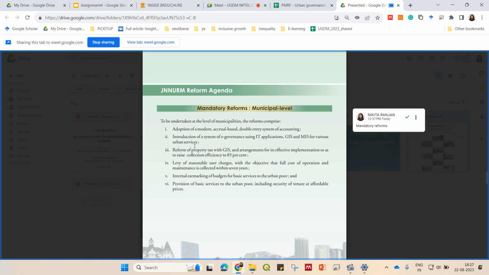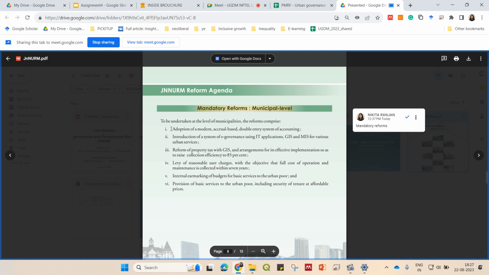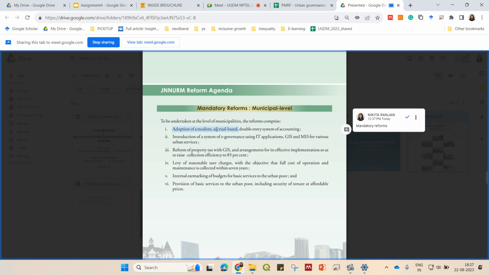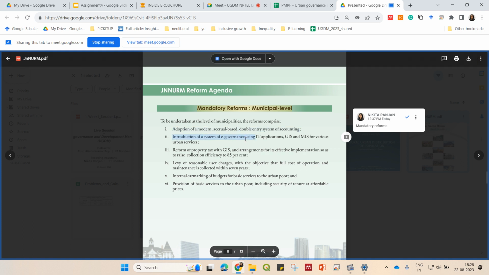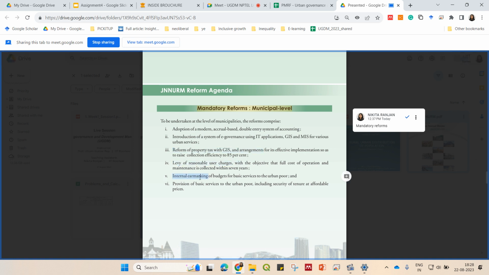Then you can see mandatory reforms at the municipal level. So things like adoption of a modern accrual-based double entry system for accounting, introduction of e-governance, reform of property tax with GIS arrangements, levy of reasonable user charges, internal earmarking of budgets for basic services to urban poor.